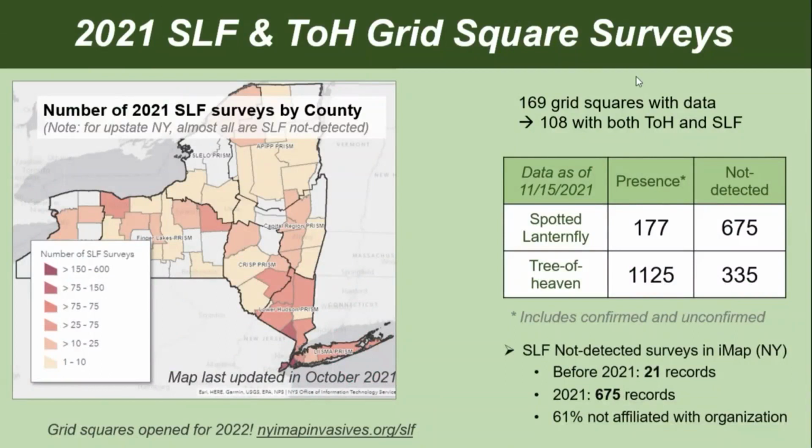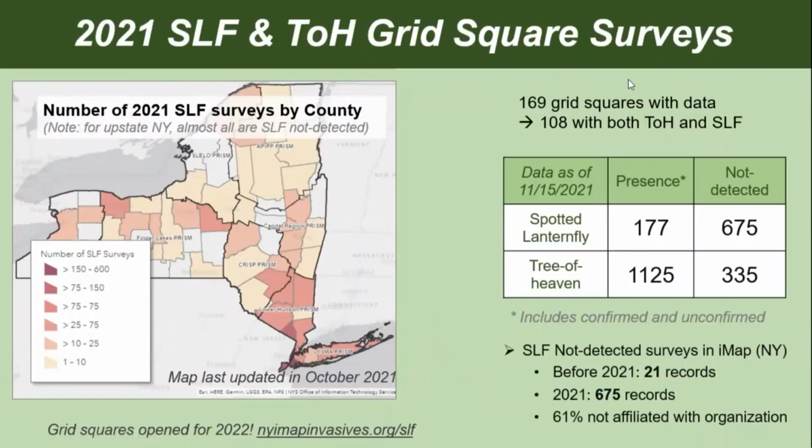As you can see on that map, the different shades of red show how many spotted lanternfly surveys were conducted. Of course, for pretty much anywhere outside of the New York City area and maybe the southern lower Hudson region, most of those reports were thankfully not detected, which is what we love to see. But you can see that surveys were conducted in many counties across New York State, in all of the PRISMs, basically covering all the regions of New York State.